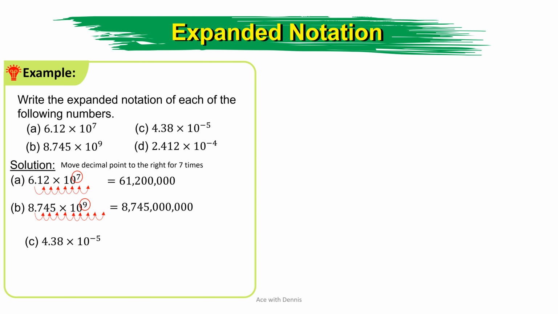C. 4.38 times 10 to the power of negative 5. So now the power of 10 is negative 5. We need to move the decimal point to the left 5 times. So 1, 2, 3, 4, 5. Hence the answer is 0.0000438.